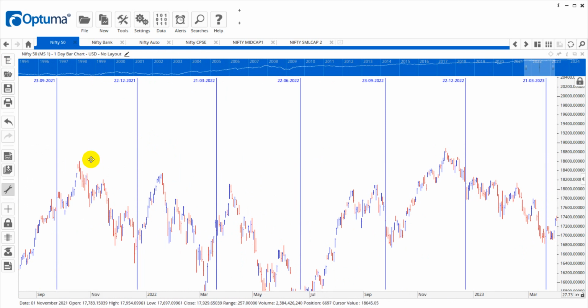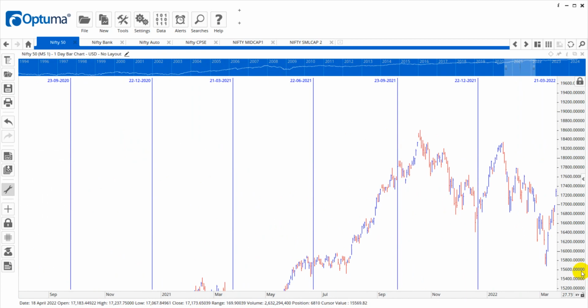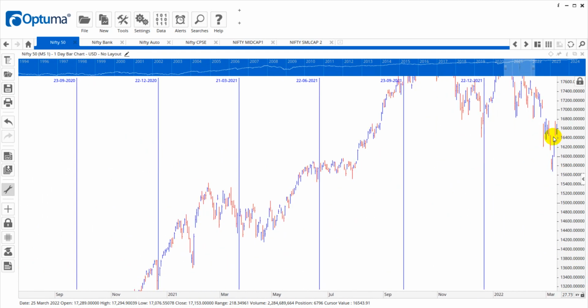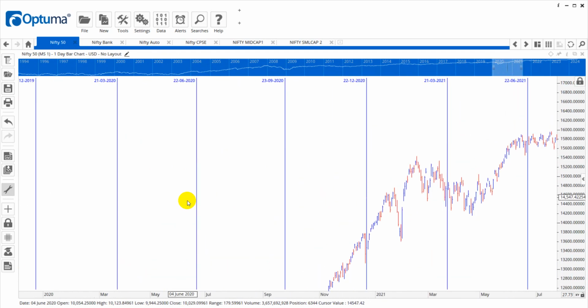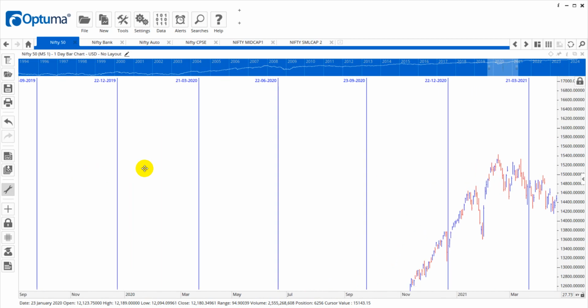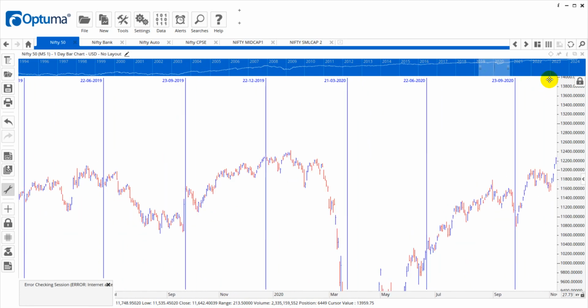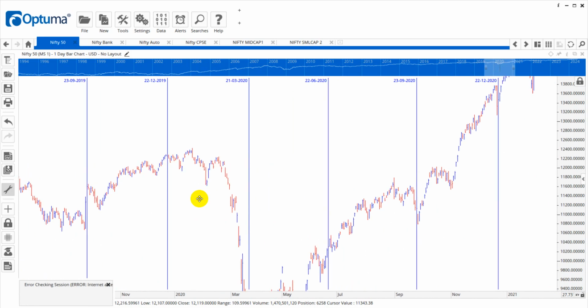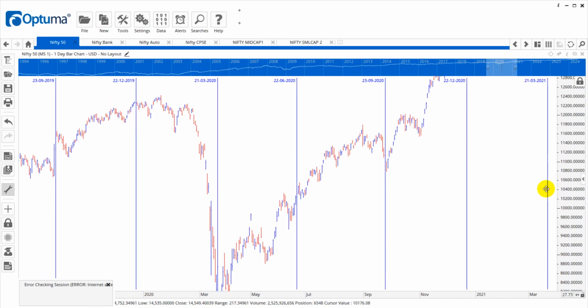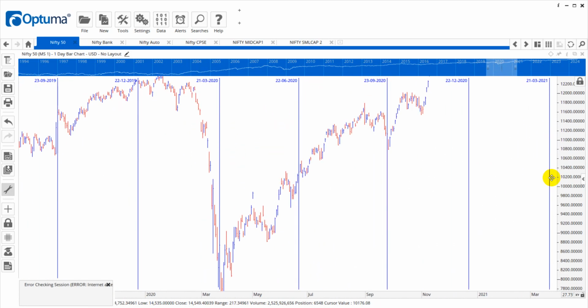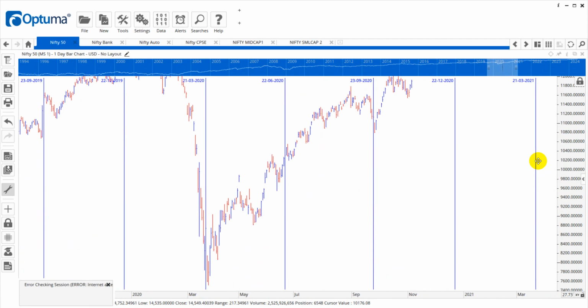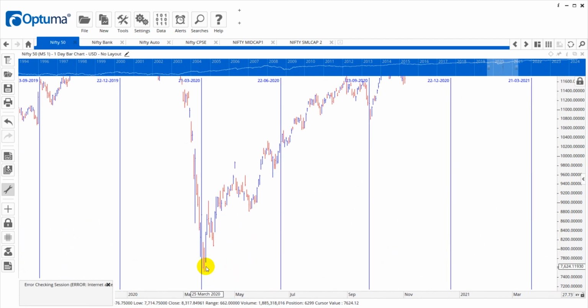So let's start from 2020, when the COVID crash occurred. Let's start from March of 2020. Around these dates, 21st March was the date. We bottomed out on 24th March, and from there we had a good rally.